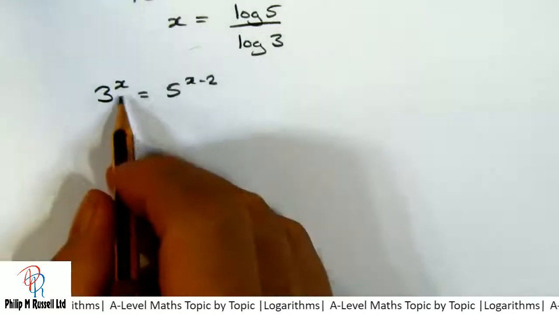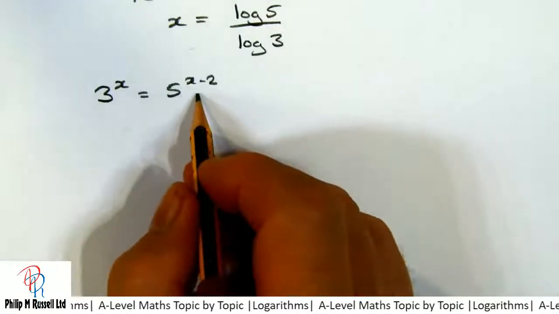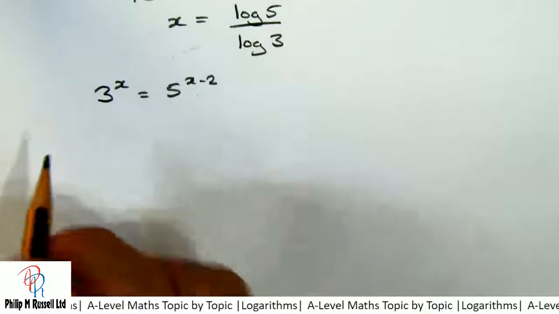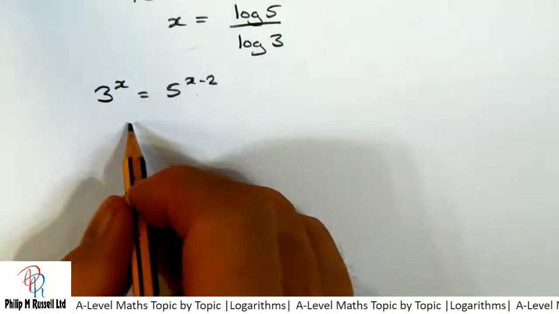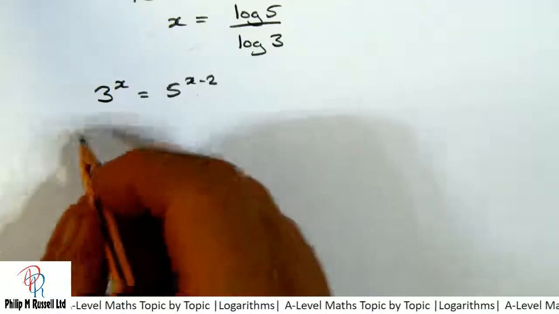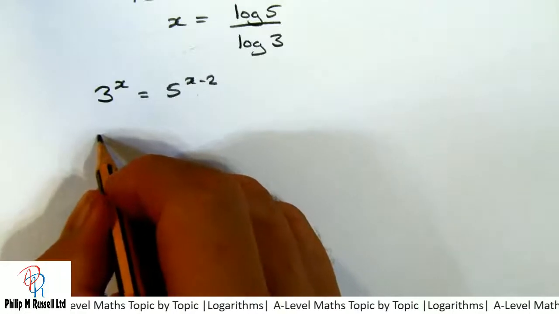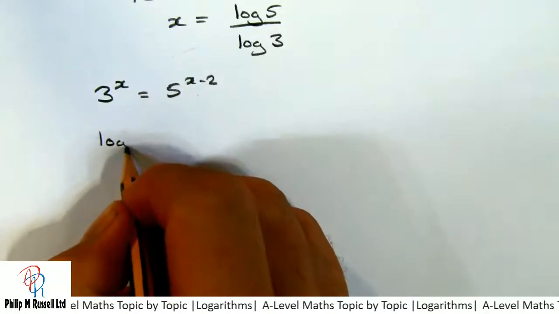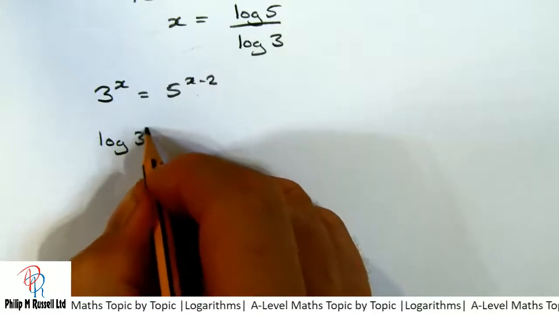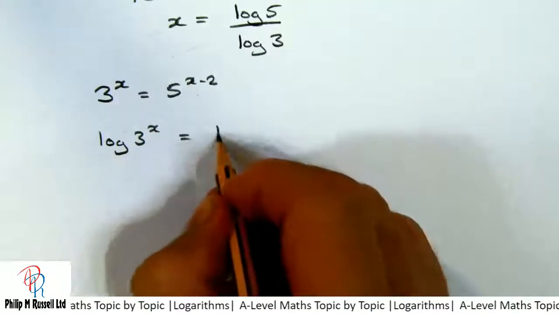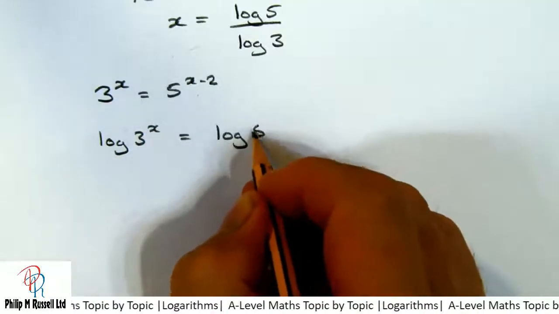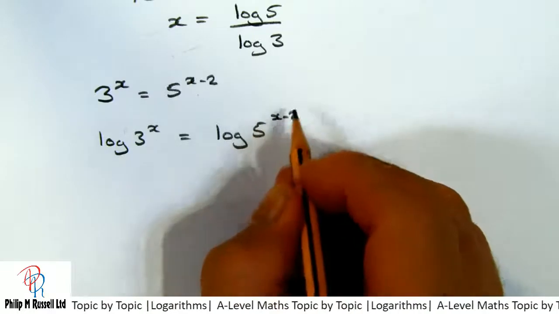So I've got 3 to the x equals 5 to the x minus 2. Okay, so let's take logs of both sides. So this is going to be log 3 to the x equals log 5 to the x minus 2.